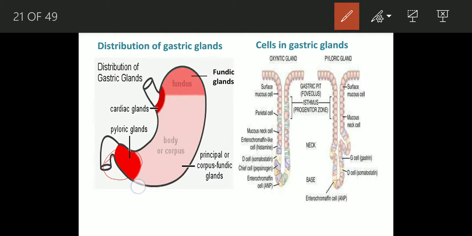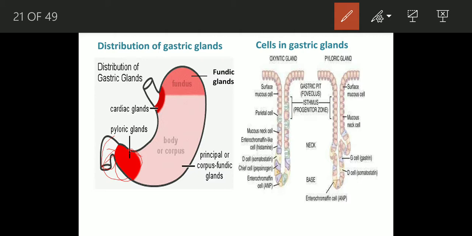And if you see the pylorus, the broad funnel type of structure in the pylorus is called the pyloric antrum, and the canal shaped part is called the pyloric canal. So this antrum consists of so many glands, but these glands are mainly mucus glands as well as enteroendocrine glands.